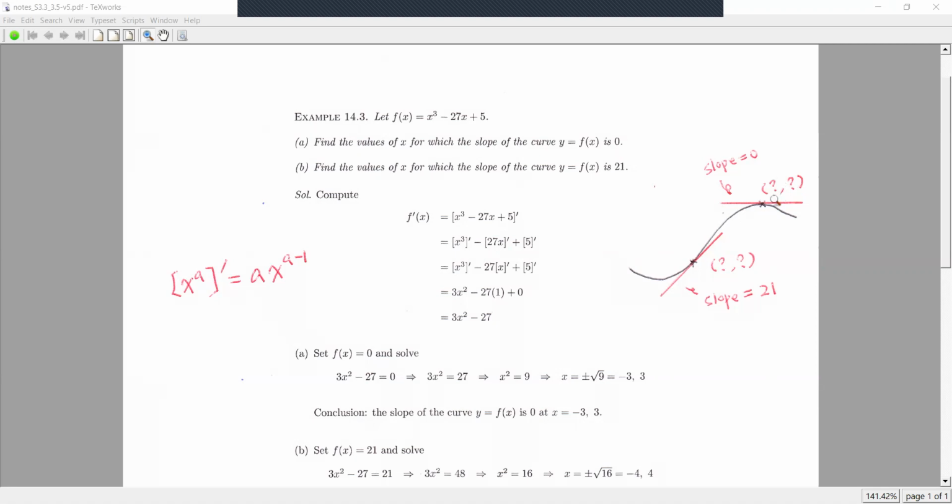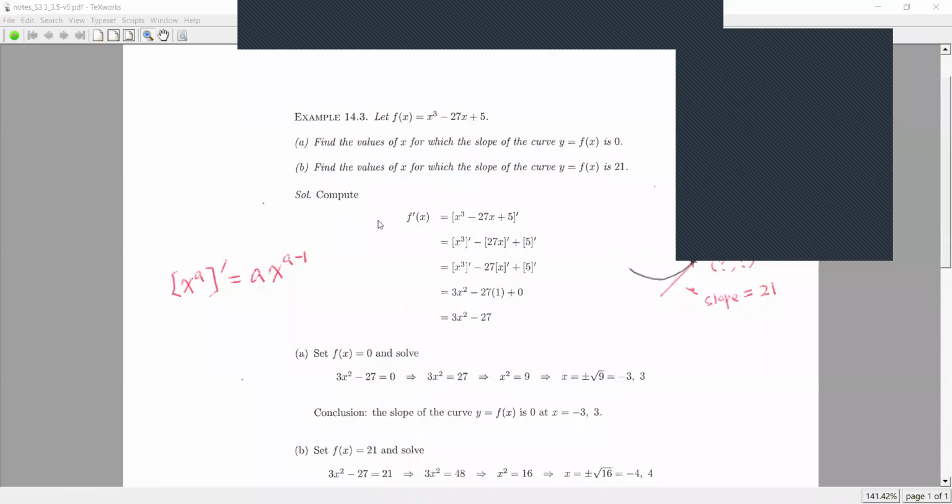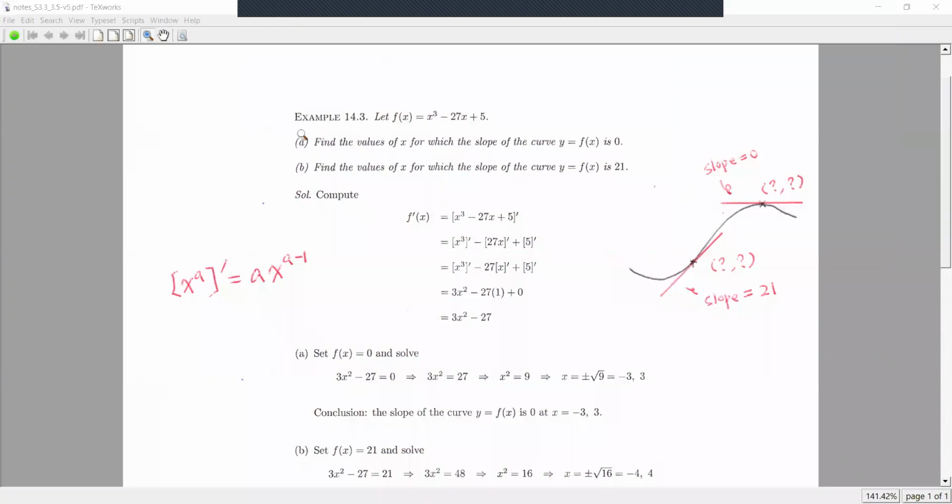Similarly, at some other point, the tangent line has slope 21. You need to determine the x-coordinate of this point. To answer the questions, we compute the derivative of the function because derivative is slope of tangent line.